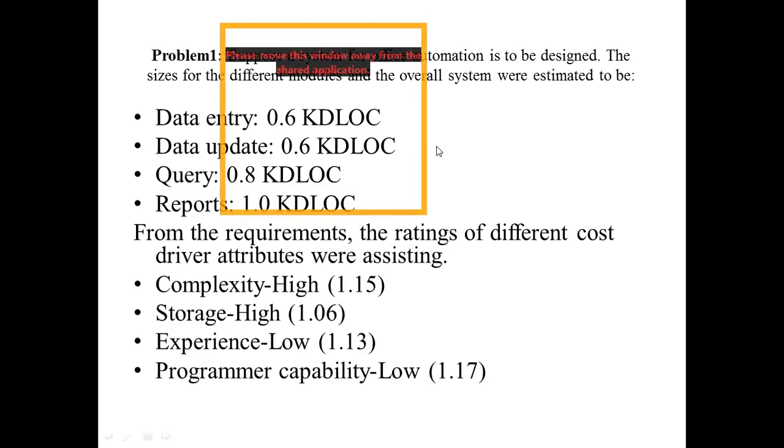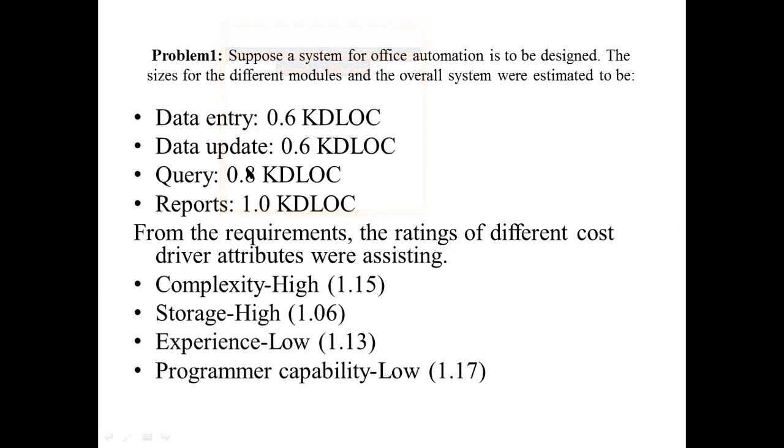In some numericals or problems, the total KDLOC will be provided directly. If it is not given, then this is the way. Sometimes various parameters and attributes are provided, then first you do the summation. Then total KDLOC is equal to 3.